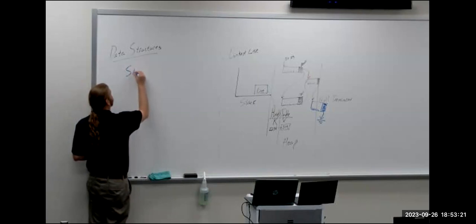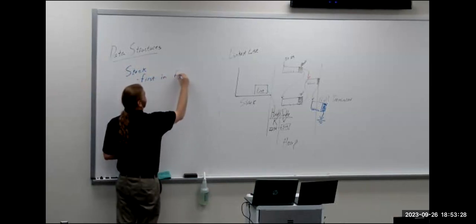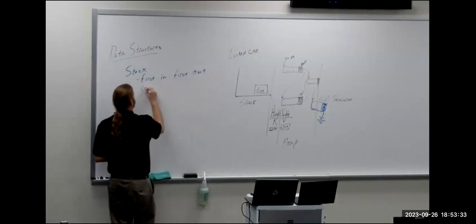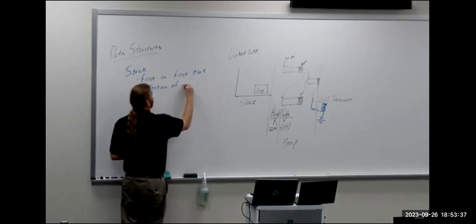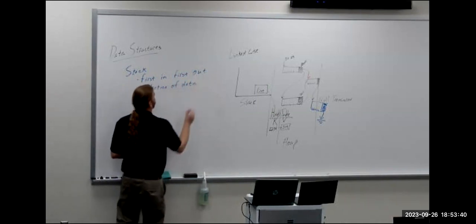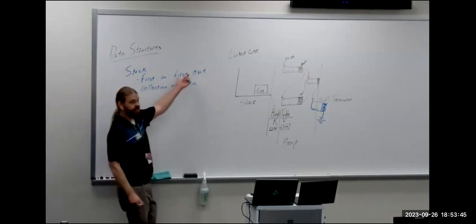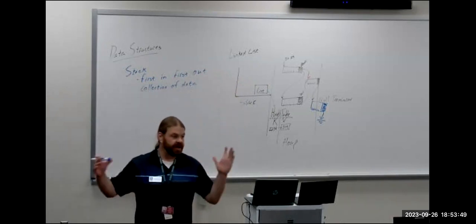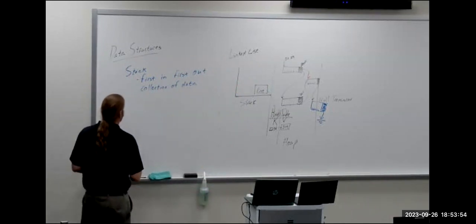A stack, first in, first out collection, and that's basically the definition. The important part is out. With linked lists and arrays that we've seen, we keep the data in there, right? We load it in and then it stays there. A stack, we actually remove it.